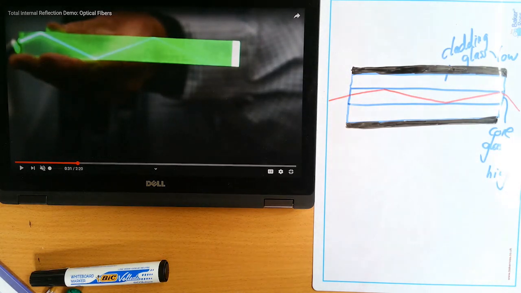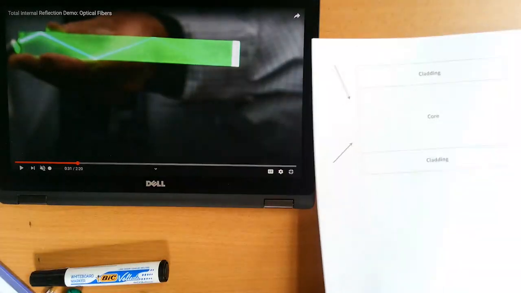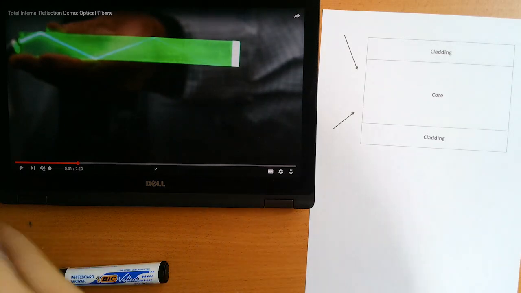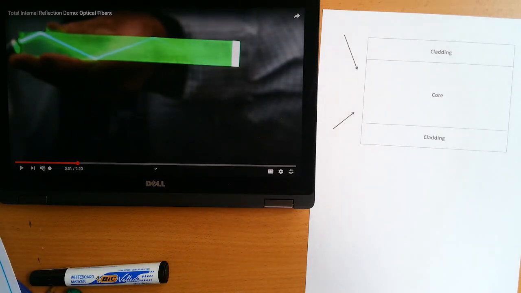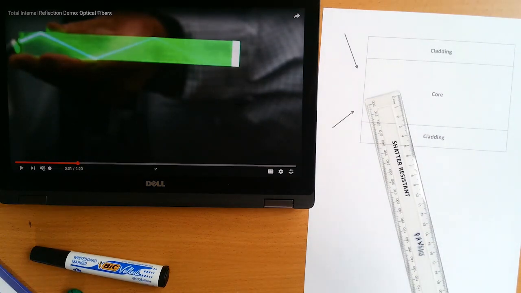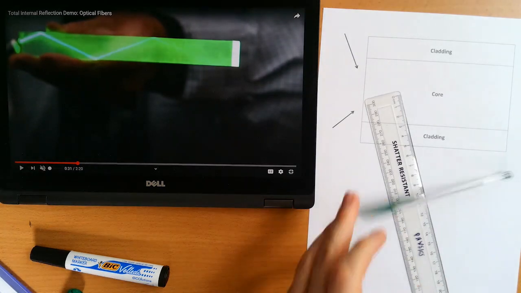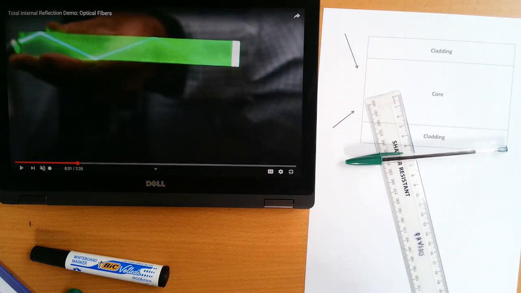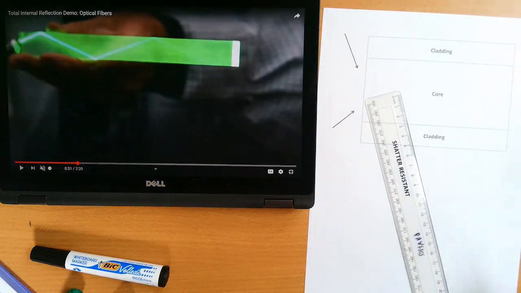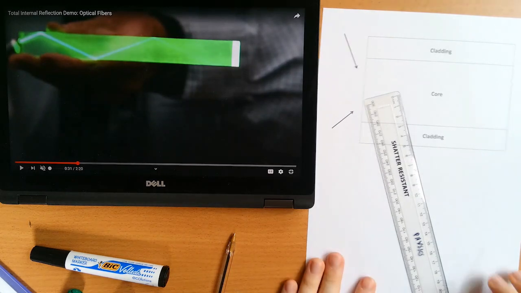Now, as a slightly better diagram, I've got this sheet here, and what we're going to do with that is fill it in. So let's have green light today. Now, you've got two examples of light rays coming into this.